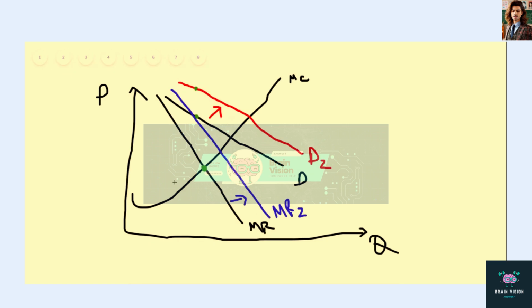Well, there's one thing that is missing, and that's the shift of the marginal revenue curve. You have to be very aware that if the demand increases, so does marginal revenue, because marginal revenue is calculated from our perceived demand curve.